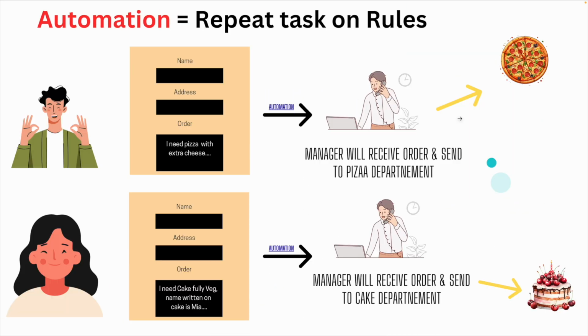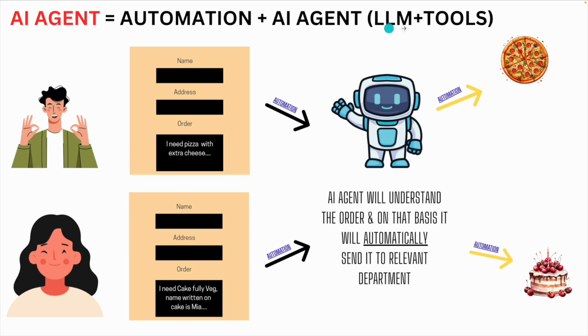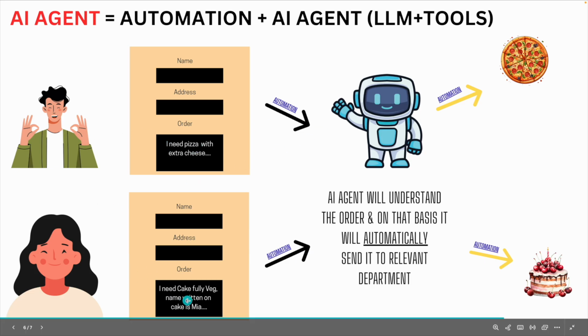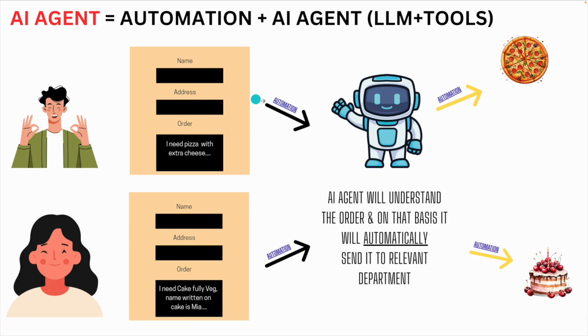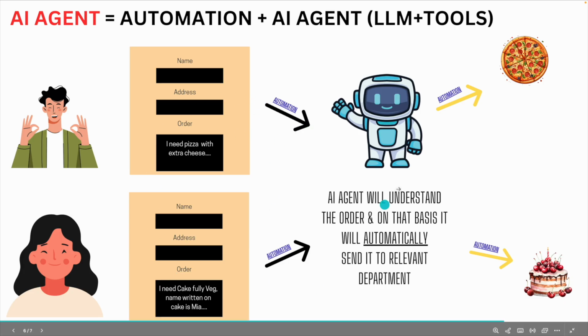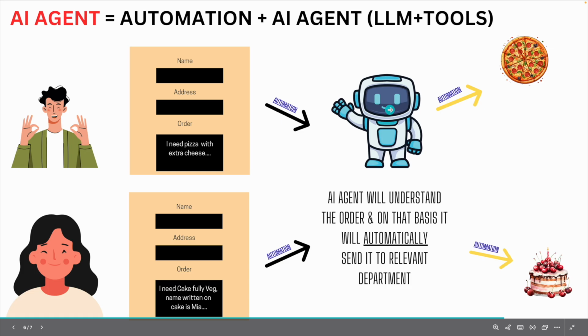So this AI agent already has the brain and tools. All the messages, whether pizza related, cheese pizza related, or cake related, will automatically go to this particular robot.